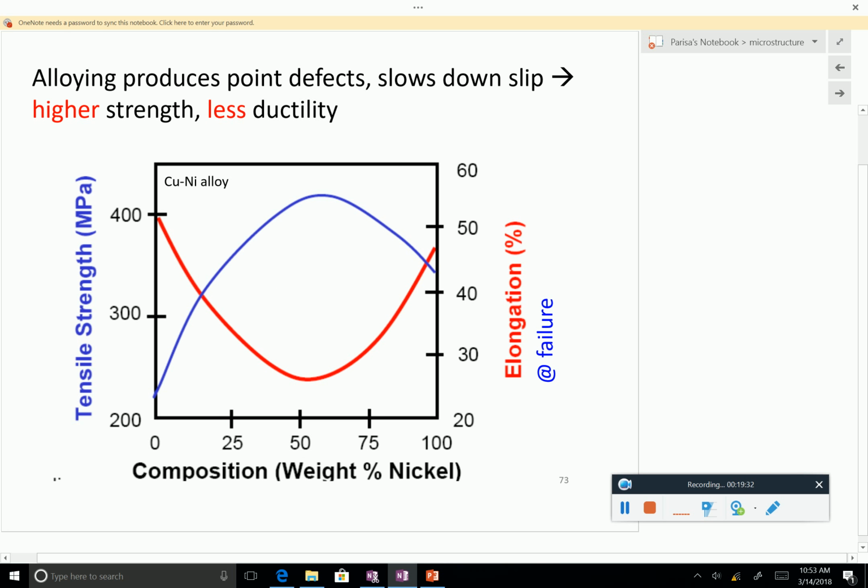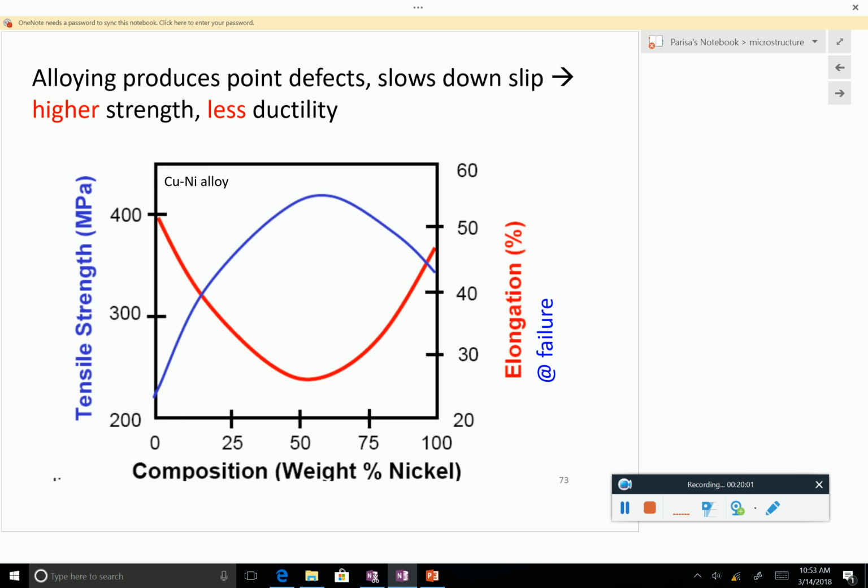This is the same kind of concept, just presented differently. So the blue curve shows you how the strength is changing with increasing percentage of the alloying substance. Here in this case it is nickel. The red curve shows the elongation or ductility.